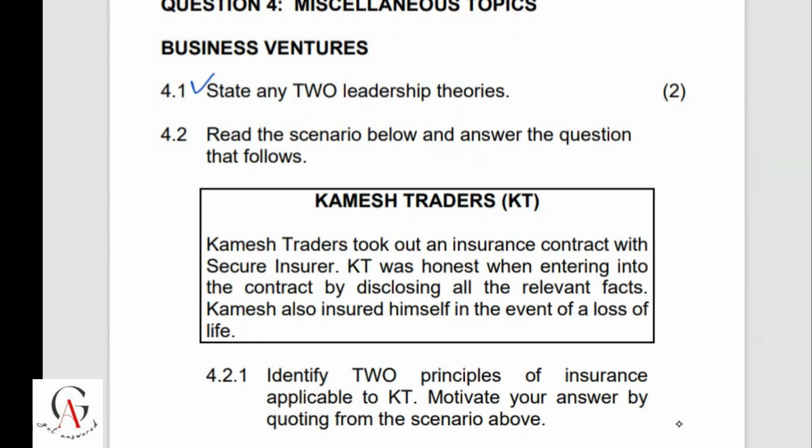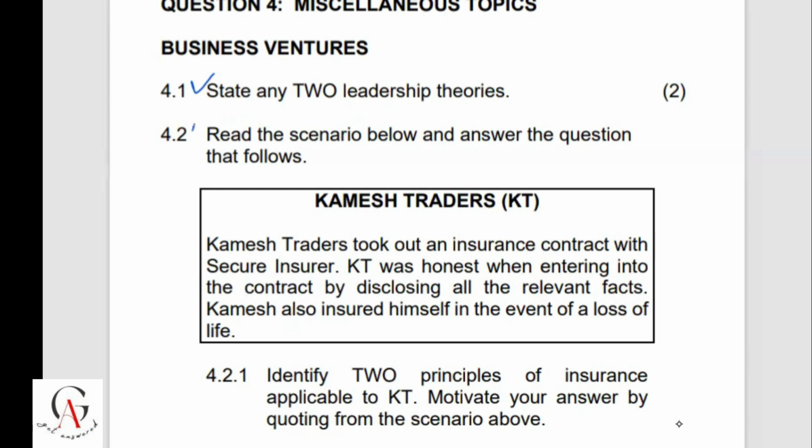State any two leadership theories. So two leadership theories that we can take into account in this regard are the likes of situational leadership, transformational leadership, as well as leaders and followers.